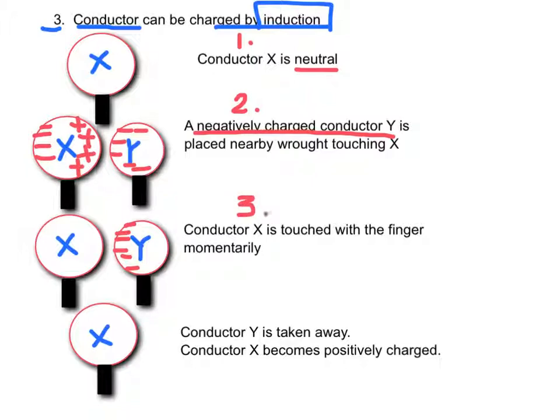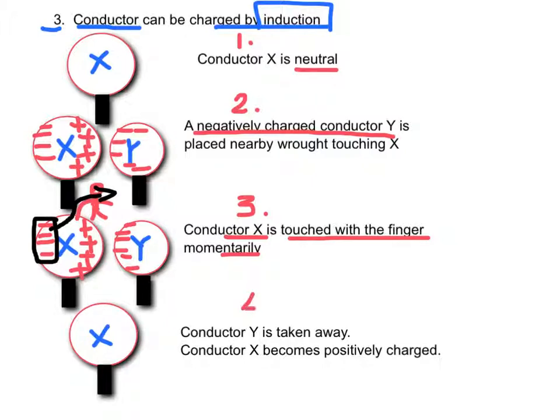The next step, conductor X is touched with the fingers momentarily. Therefore, the excessive charge, the negative charge, electrons will be earthed. The last step, conductor Y is taken away, then conductor X will become positively charged.